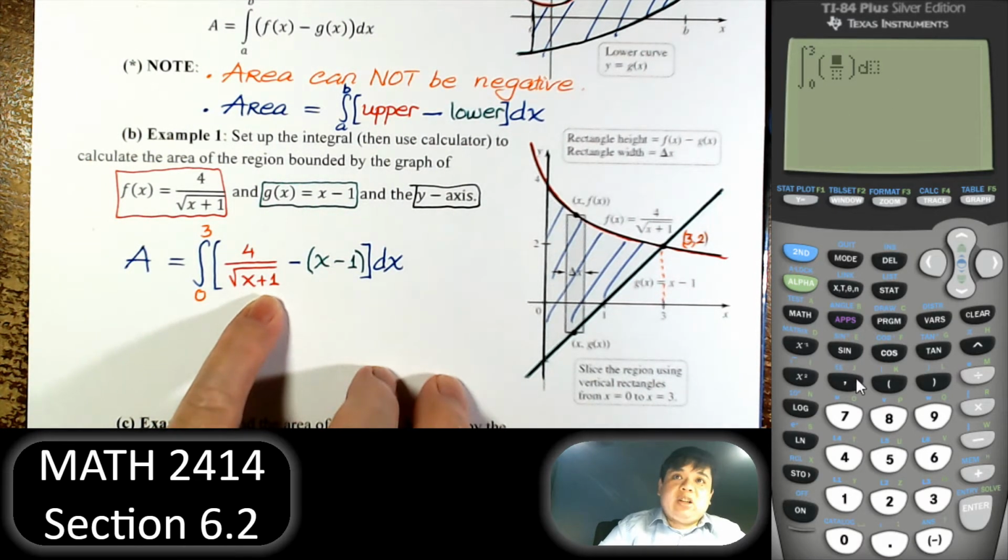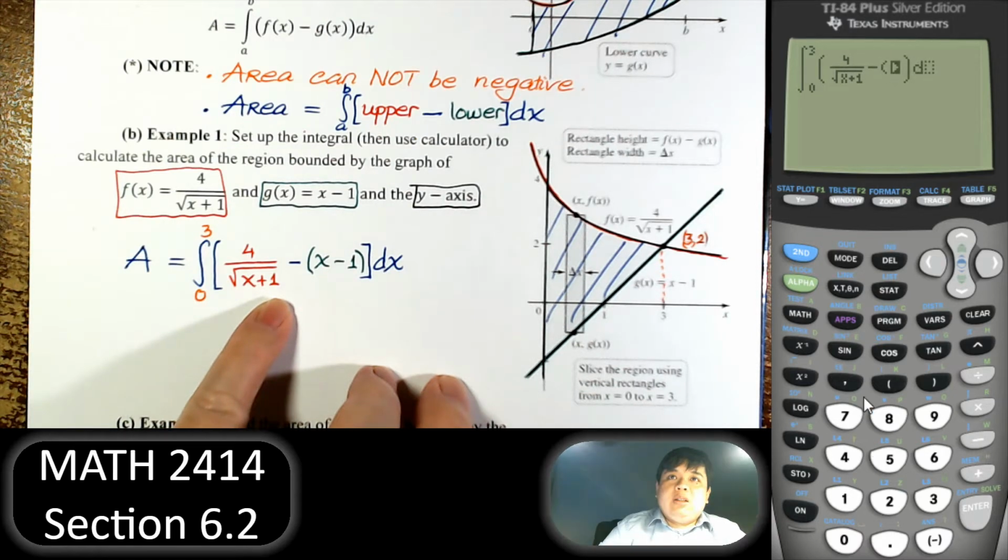That gives us a fraction, 4 over square root of x plus 1, and then subtract x minus 1.